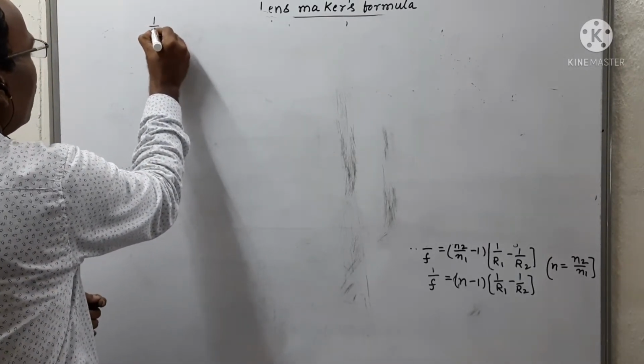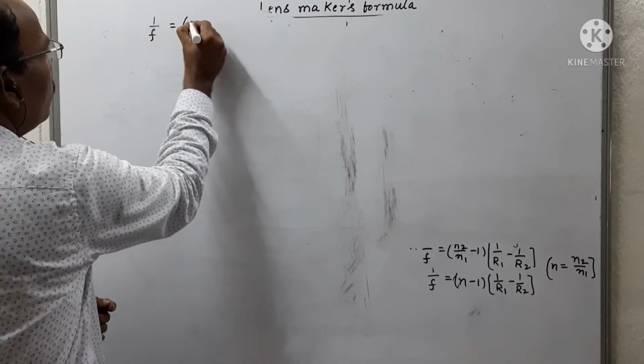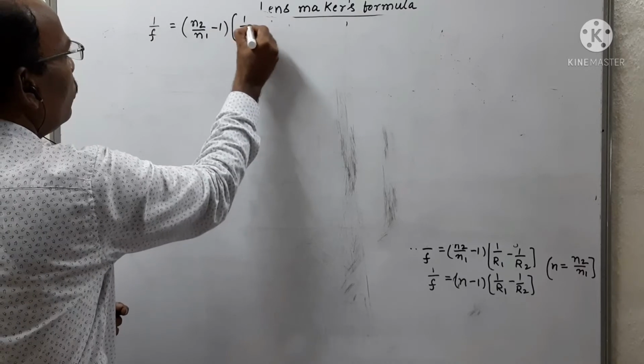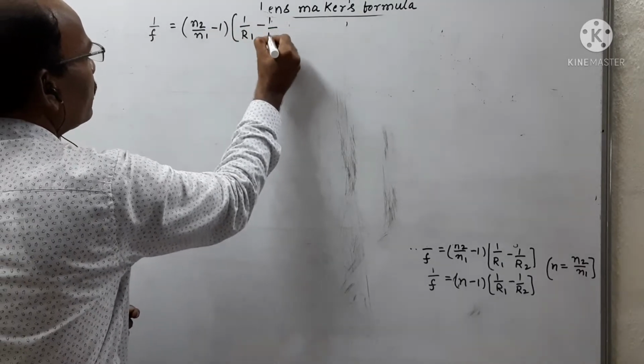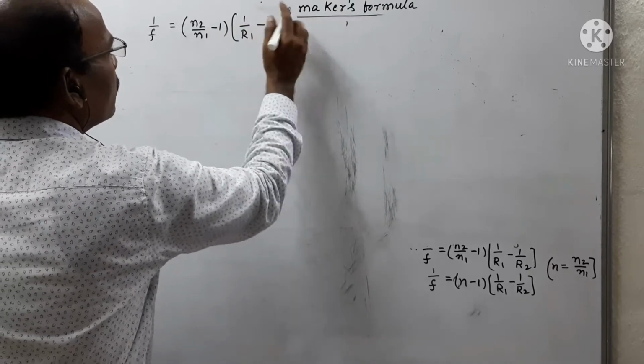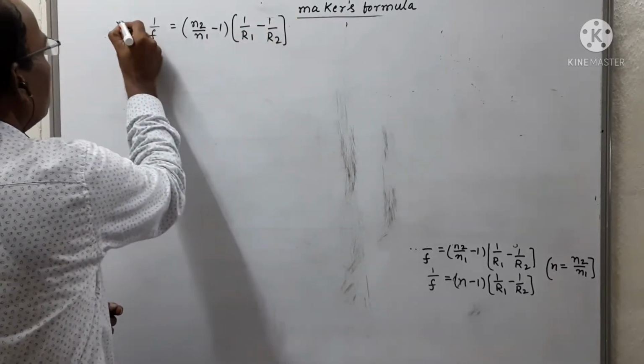So Lensmaker's formula is 1 by F is equal to N2 by N1 minus 1 into 1 by R1 minus 1 by R2. So this is Lensmaker's formula.